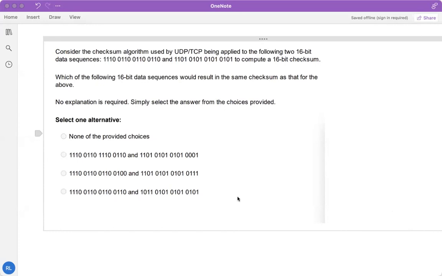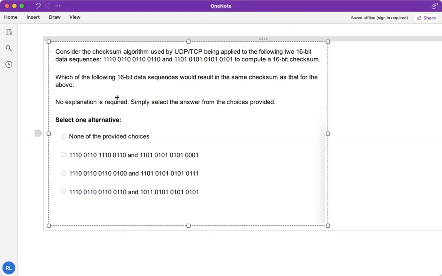Any idea? Okay, so we have different answers.